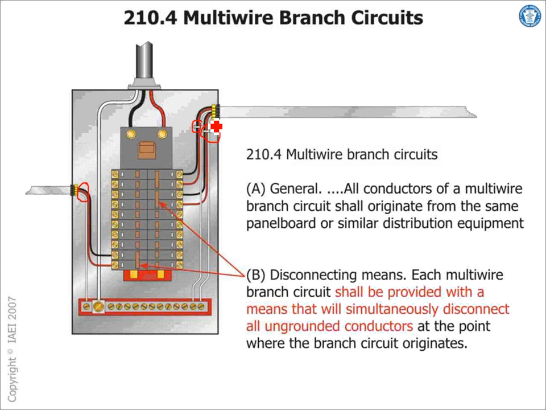But at the top here, you have to wrap the 3 hots or the 2 hots with the neutral. You know why? Because they get confused. If you want to work with them, you might use neutral one with phase A and phase A, so you overlap them. And of course, the circuit breakers have to be tied together, as you can see, with an approved handle.